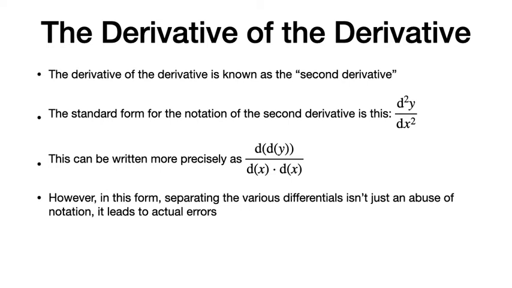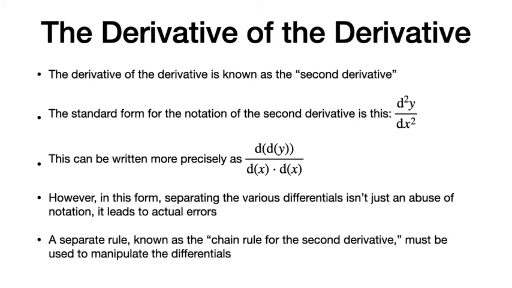Now, this isn't a problem per se, because there is a rule for doing some of these types of manipulations, and it's known as the chain rule of the second derivative. But the problem is that it doesn't match the algebra of the notation. So basically you have to keep the derivatives and the differentials in ratio with each other.